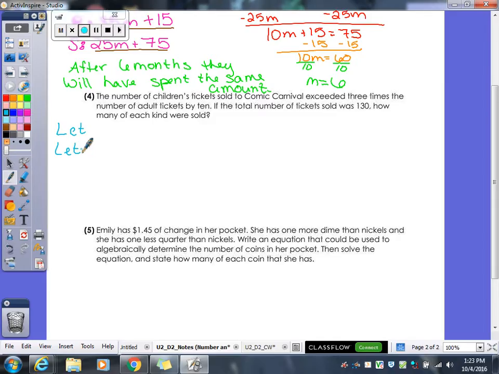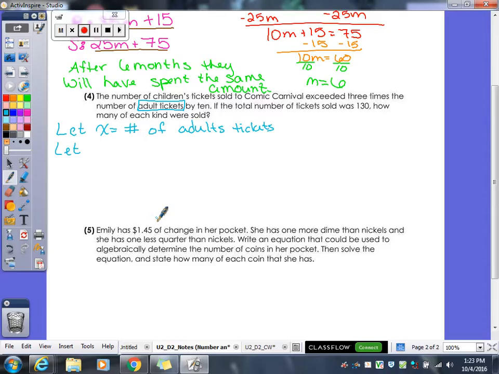So if we read through that first sentence, which one is mentioned last, children's or adult? Adults. There's our x. So let x equal number of adult tickets. So now we just have to figure out what the children's tickets are.